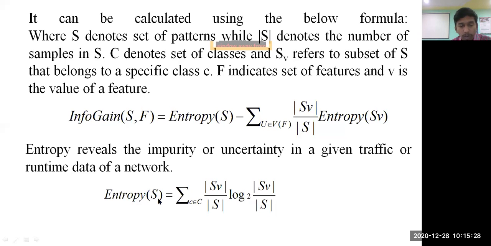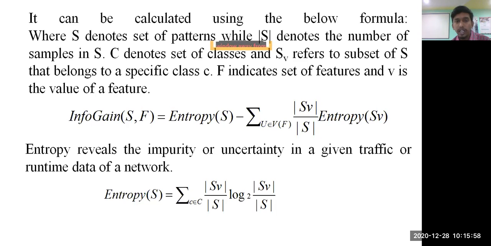The entropy formula is minus sigma |Sv|/|S| log |Sv|/|S|. So the minus symbol is missing here. Using this entropy formula, we will be computing these impurity measures. With the example, we will try to understand how to compute entropy values and information gain values, and that will make it easy for you to understand these measures.